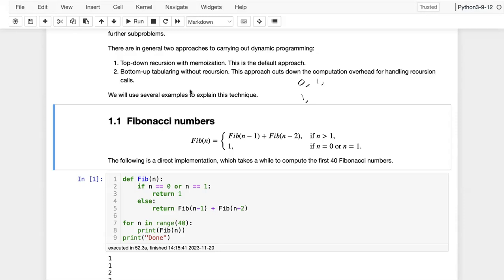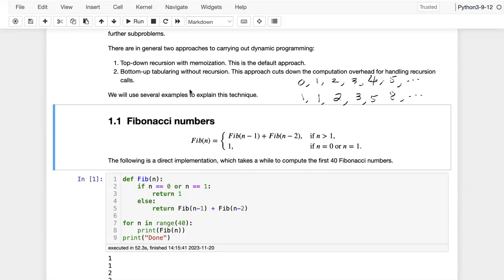So this is the index. And for the first two numbers, we begin with 1 and 1. And then for the next one, it will be the summation of the previous 2. So this will be 2. This will be 3. And for index 4, this will be 5. And index 5 here will be 8.